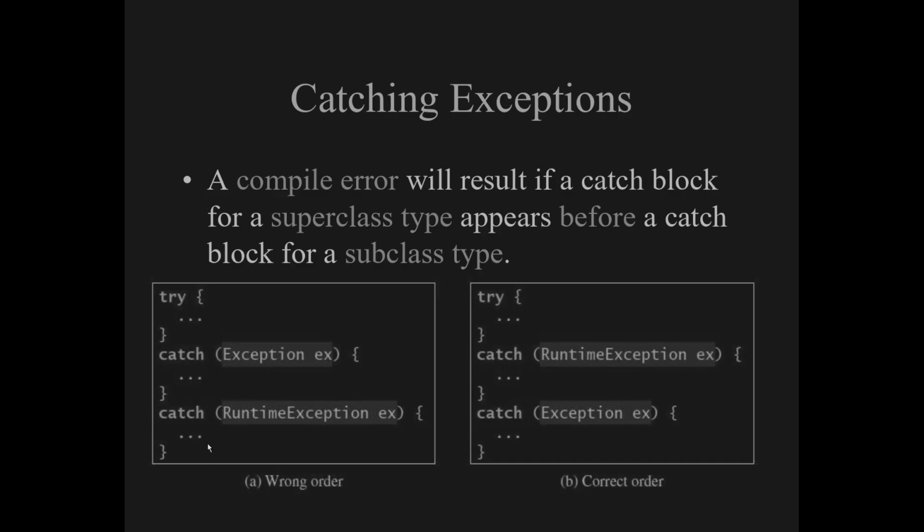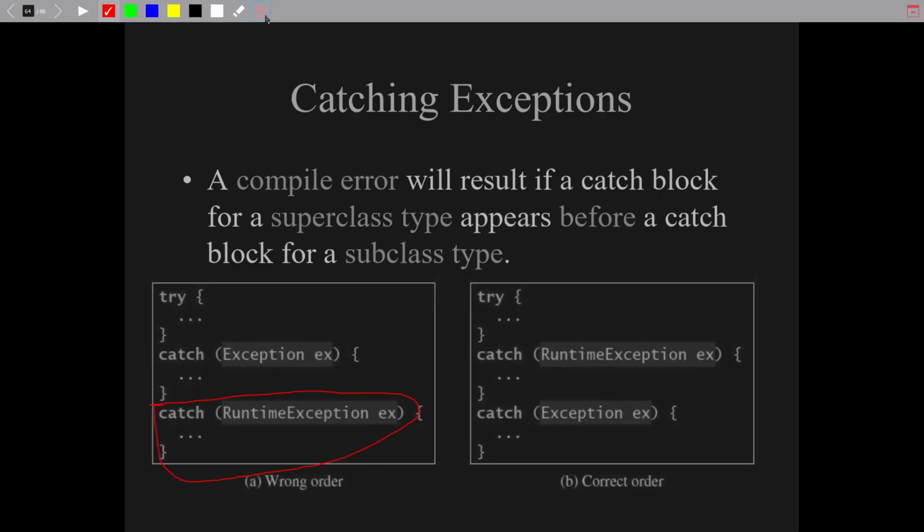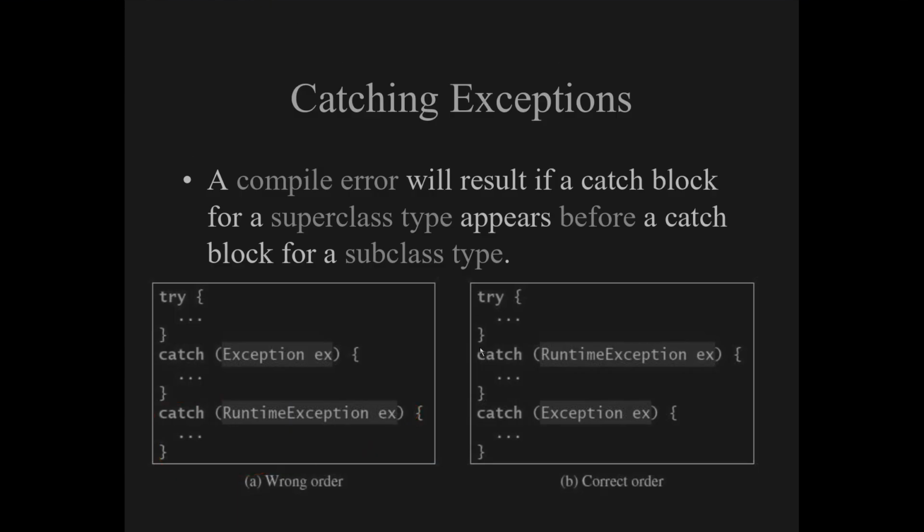That's obviously not what you want. You want it to be caught by the RuntimeException catch, which is the specific handler for this type of exception. So that's why you need to put it before that. If you put it in the wrong order, it's going to give you a compile error.